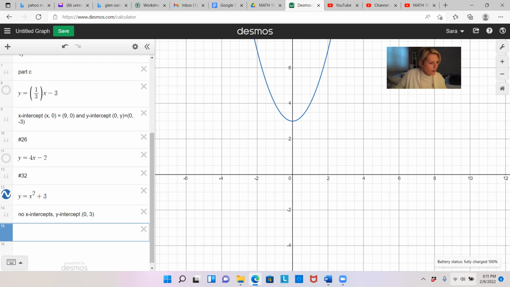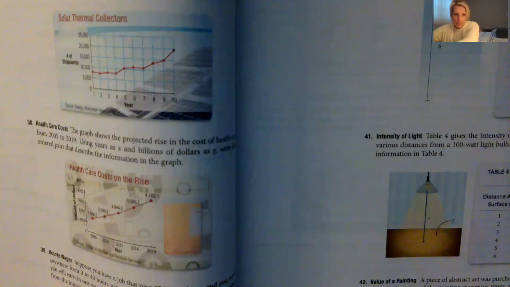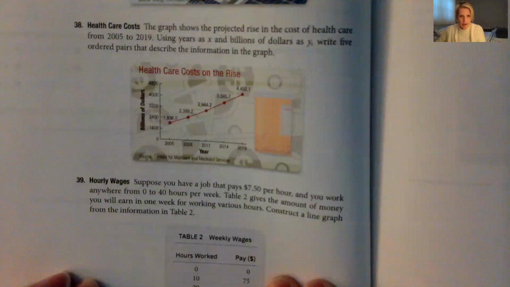Okay. So the next couple that I'd like to do are in your book. So number 39. Number 39 says hourly wages.